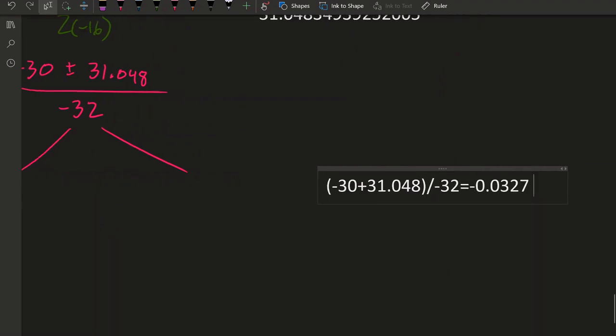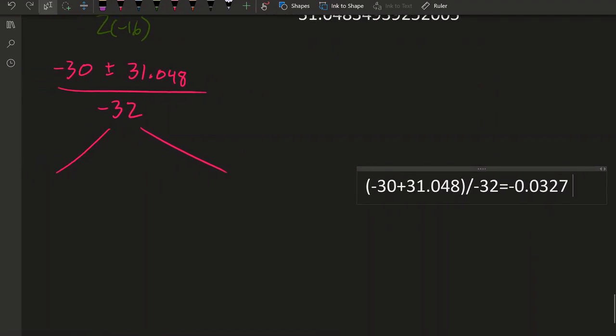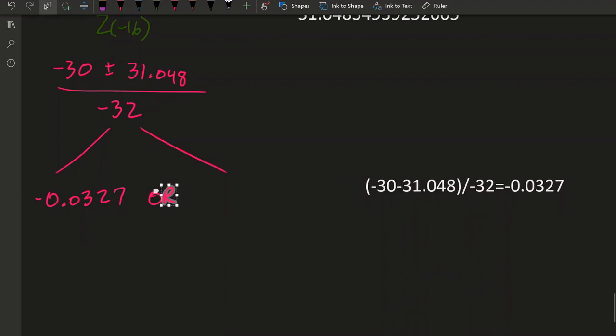That gives me an answer of negative 0.0327. Or I can go back here and change this to a negative, which gives 1.9078.